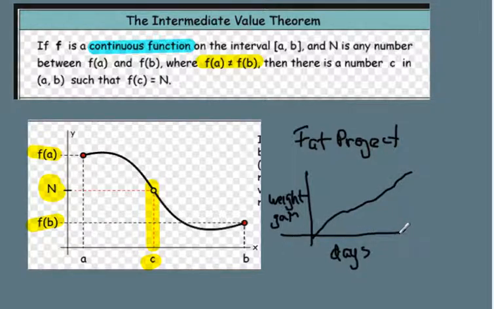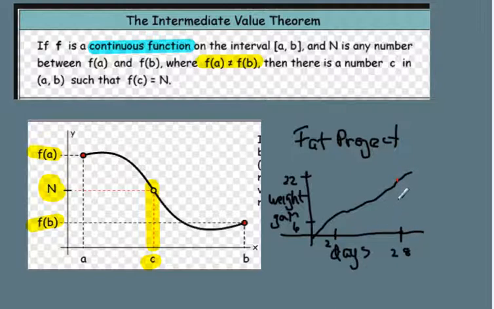So let's say the woman who was trying to gain weight was somewhere between 6 and 22. Okay, so that's our f of a and f of b. Let's say on day 2, she had gained 6 pounds, and on day 28, she had gained 22 pounds, okay?